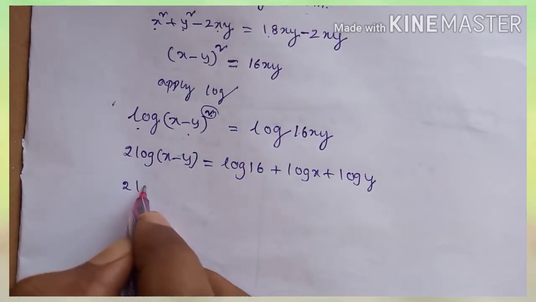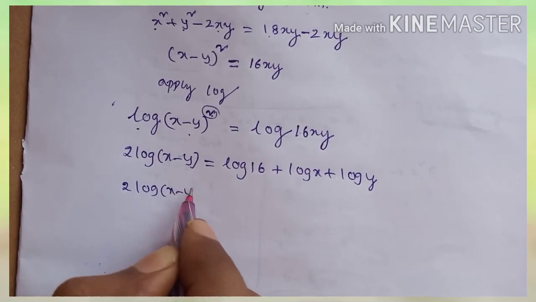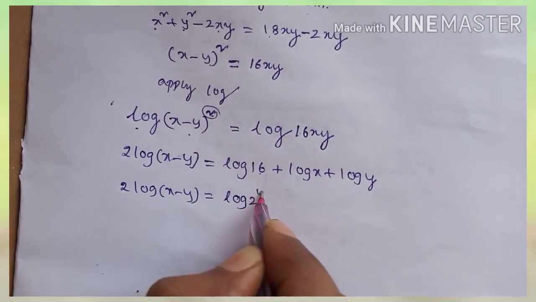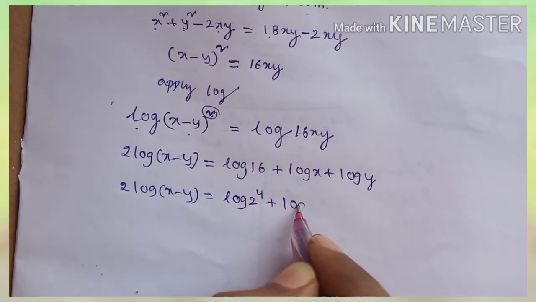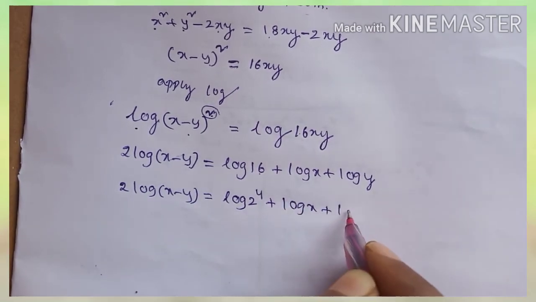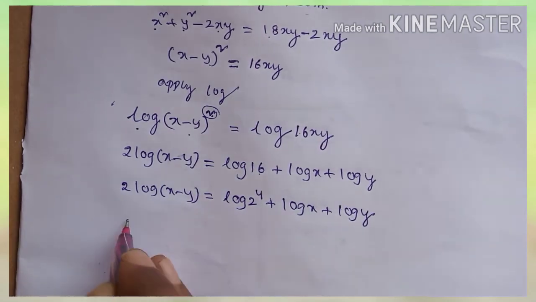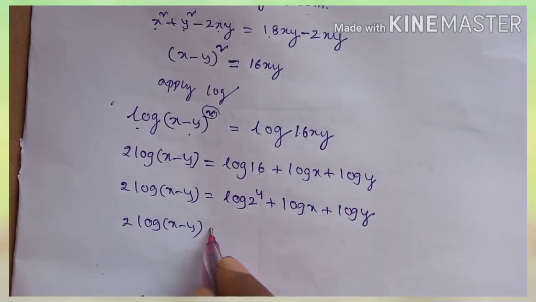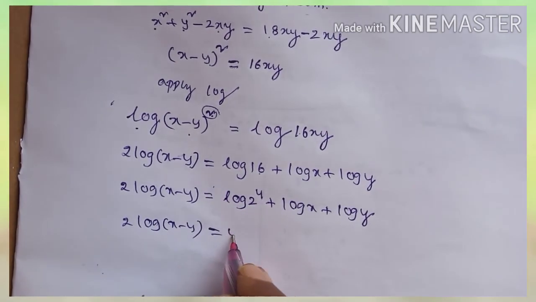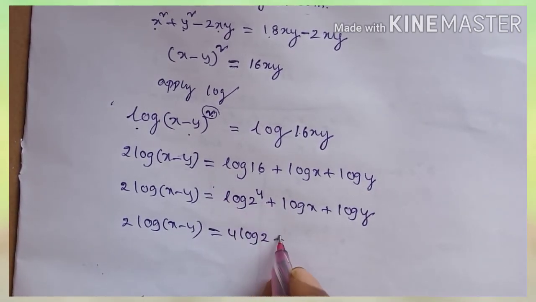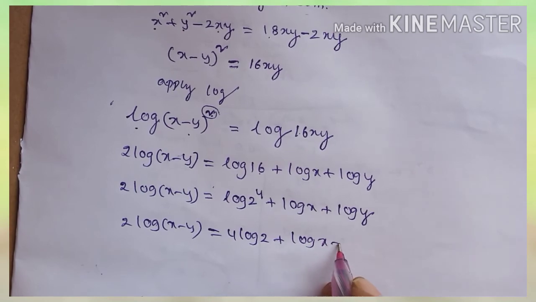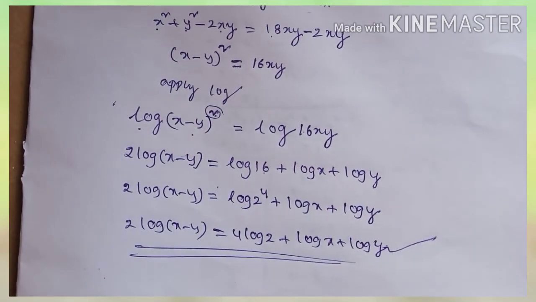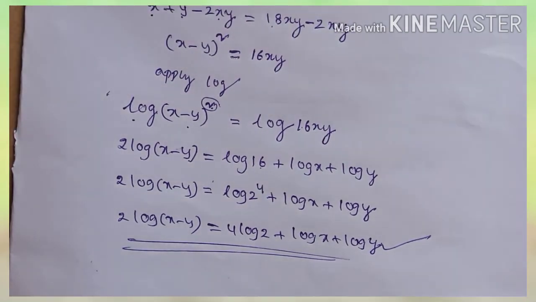Now the result is 2 log (x minus y) is equal to this 16, which you can convert as 2 to the power 4, next log x plus log y. Now the LHS part again the same, 2 log (x minus y) is equal to the power you can write as a coefficient, so 4 log 2 plus log x plus log y. This is your requirement.